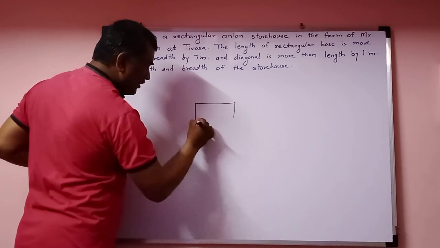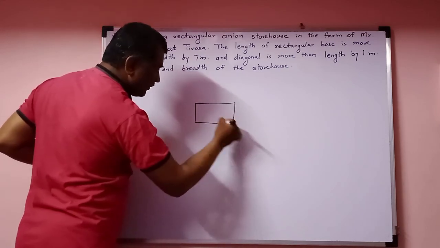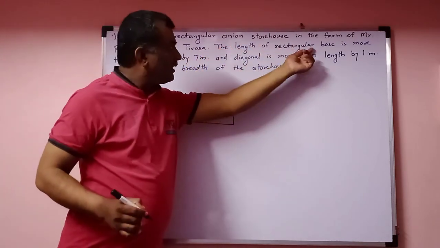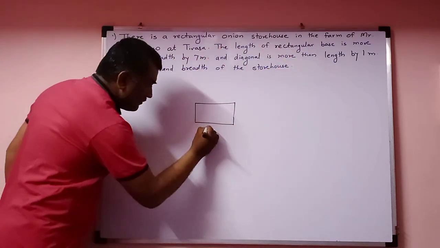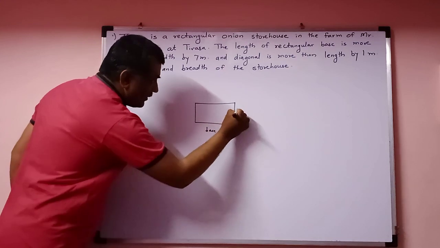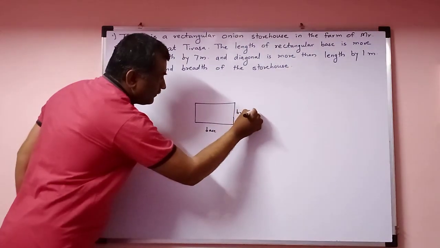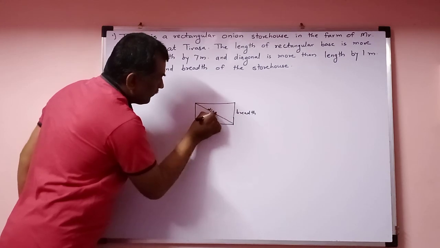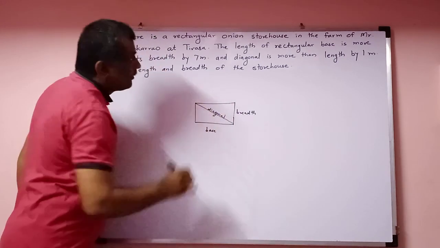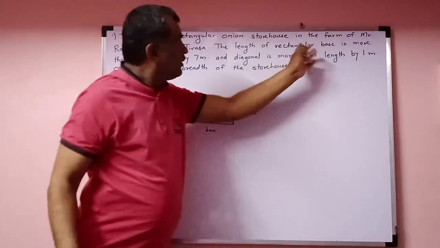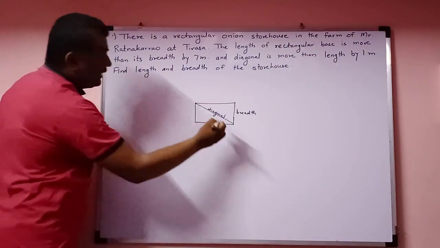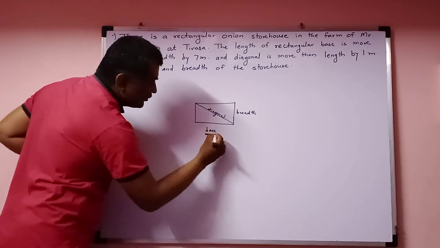Here we draw a rectangle. First condition, the length of rectangular base. This is a base. Breadth and diagonal. Condition is, rectangular base is more than its breadth by 7.